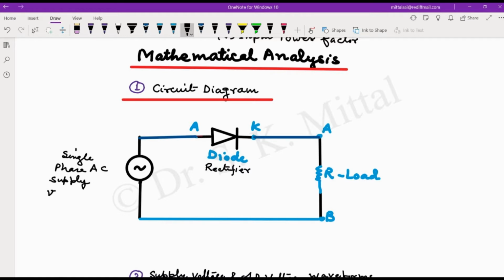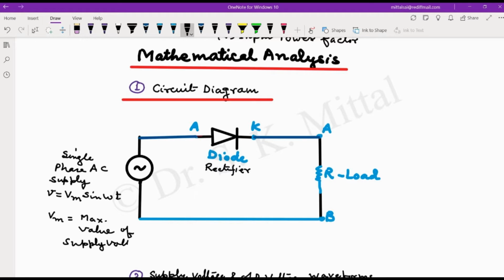The mathematical equation by which single phase AC supply voltage is represented is v is equal to Vm sin omega t, where Vm is equal to maximum value of supply voltage.